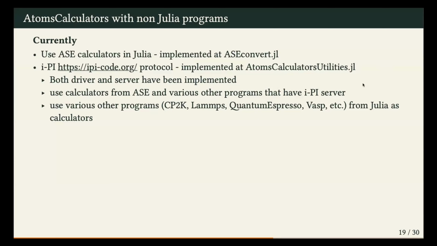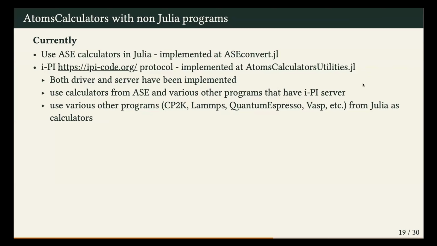And this is an important thing. ASE has an i-PI server, so you can connect a Julia AtomsCalculator to that server and use all AtomsCalculators from ASE. So that should allow the collaboration currently.